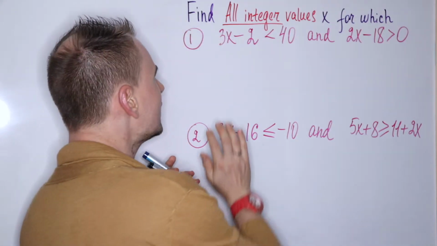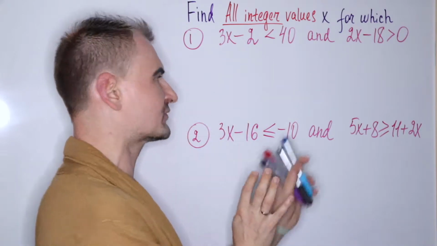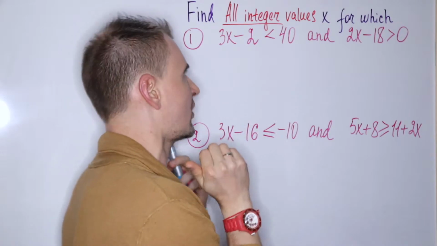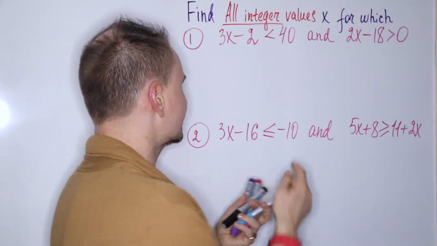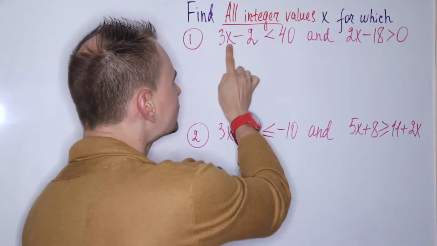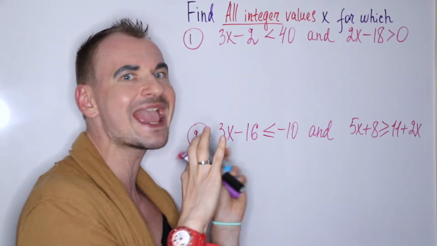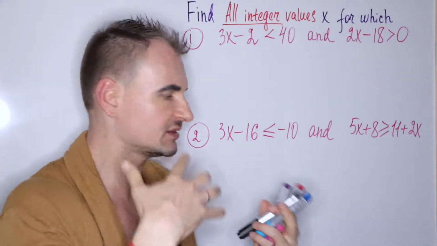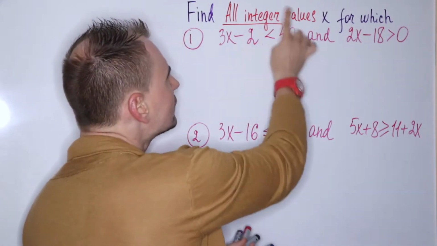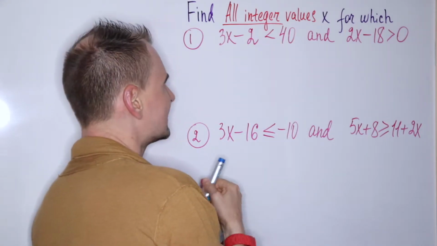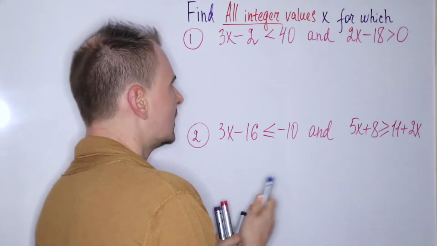Now, typically you want to collect your x terms on one side of your inequality and your numbers, or constants, on the other side. Since you had this -2 next to 3x and you were aiming to isolate your x, to get it alone, you want to move this -2 to the right side by adding 2 to both sides of your inequality.